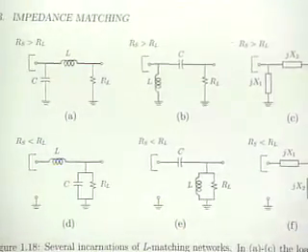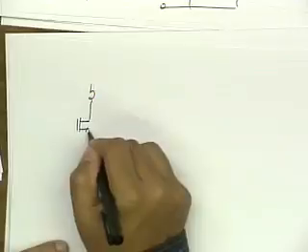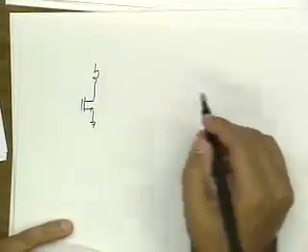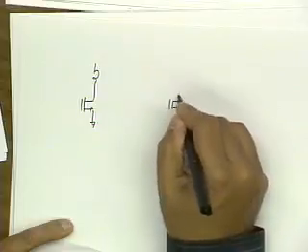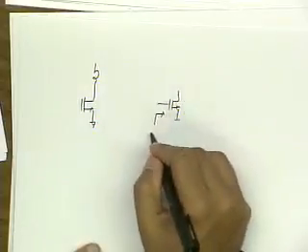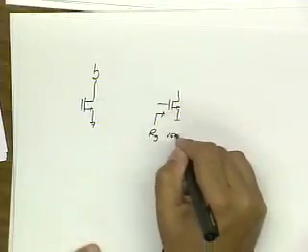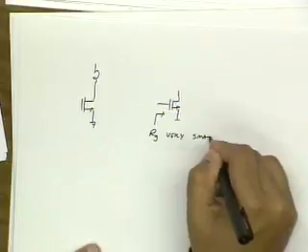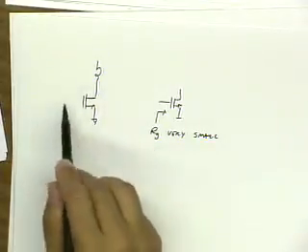So let me draw a couple of examples where you would use one or the other. So let's say, okay, I already started drawing stuff. Let's say that looking into here, RG is very small. So I'd like to boost RG up so that it matches RO of the stage.